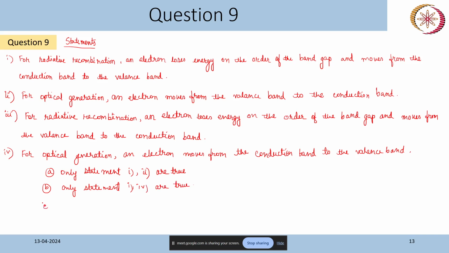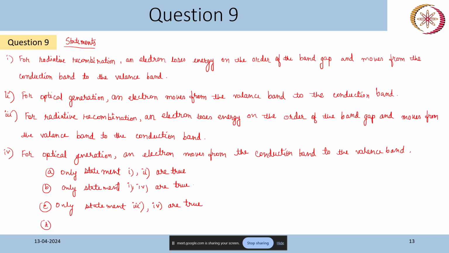Option C: only statements 3 and 4 are true. There are too many options for this question.